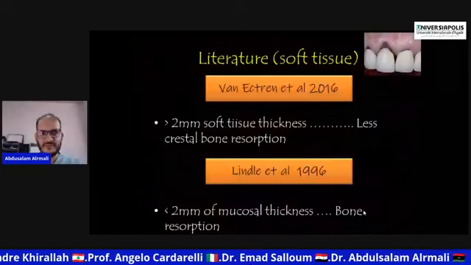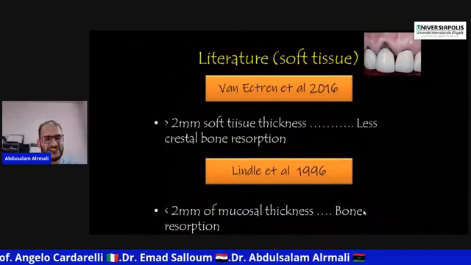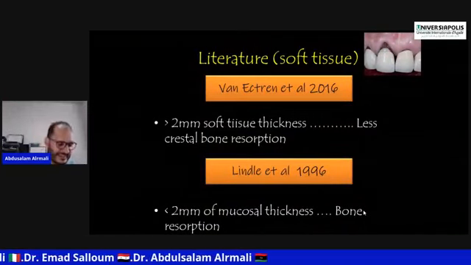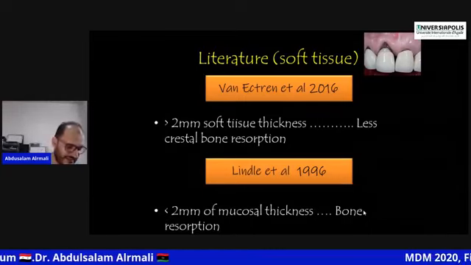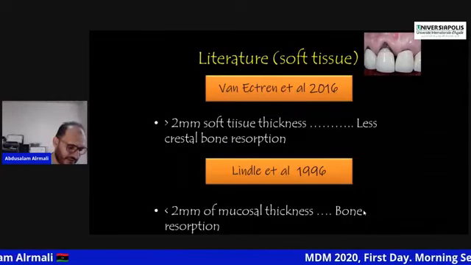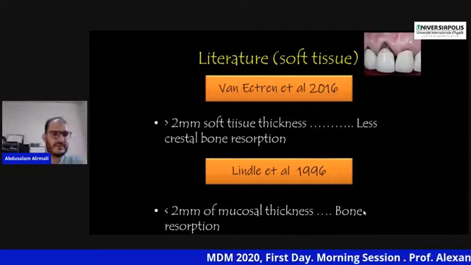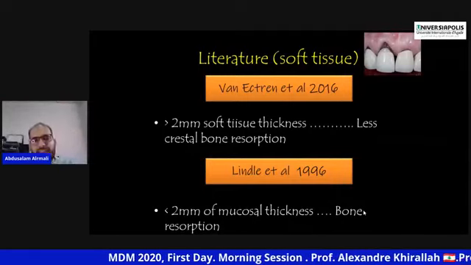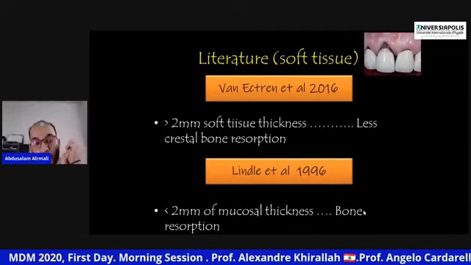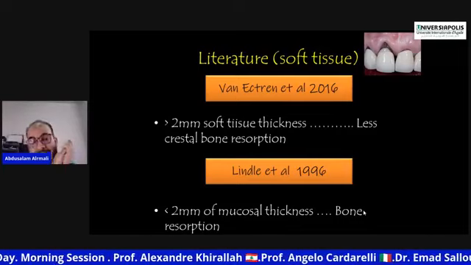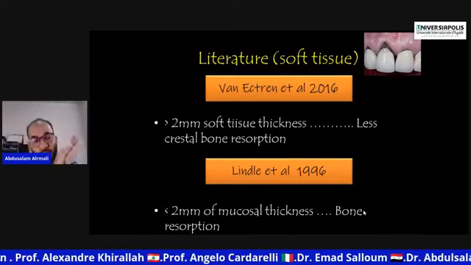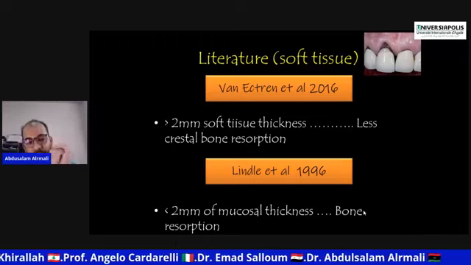Okay. So this is the literature. In the literature, we have more than 2 millimeters of soft tissue thickness. As I said, this plays a crucial role in less crestal bone resorption.